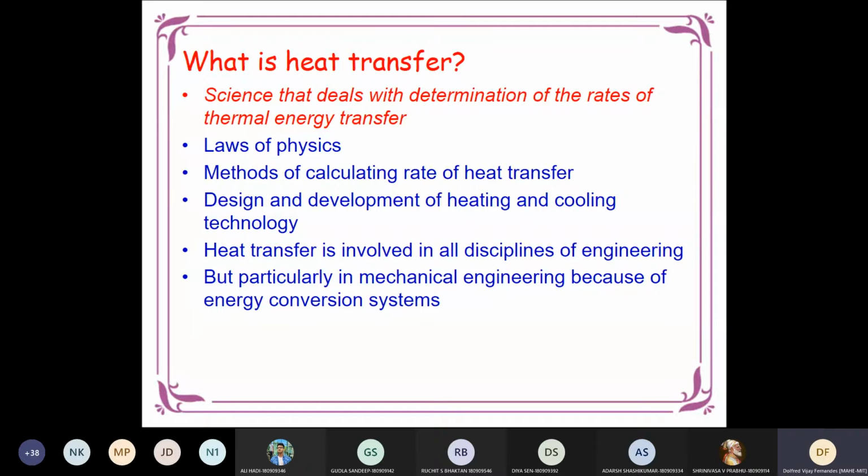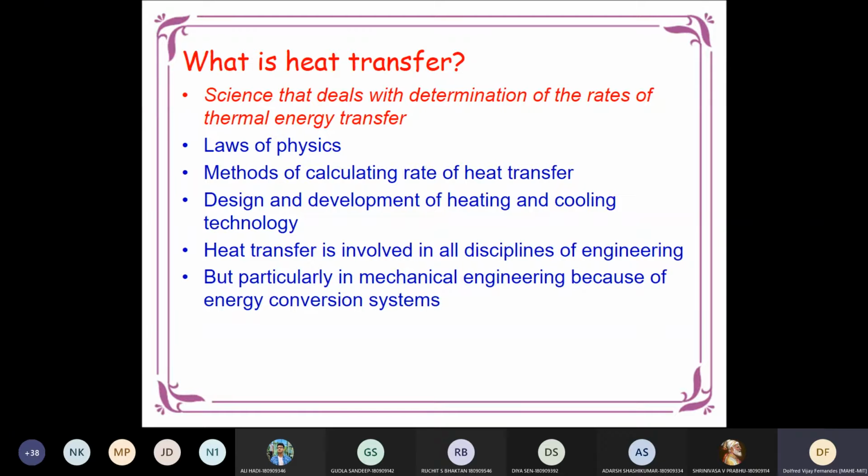So what are the things that will be covered here? We study different laws of physics. We cannot randomly write some equations to put a physical problem into mathematical form. For that, we need some governing laws, or laws of physics.